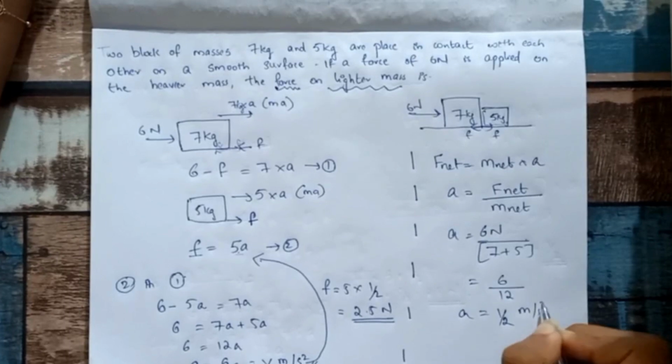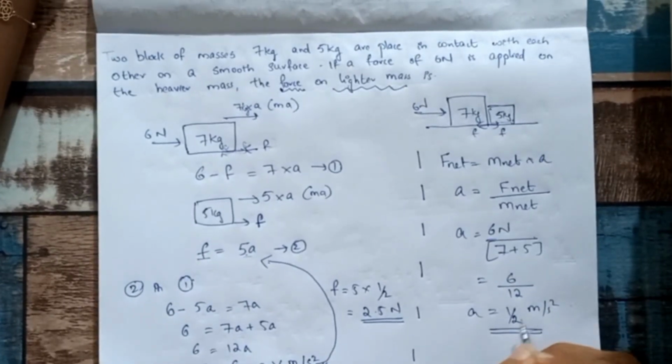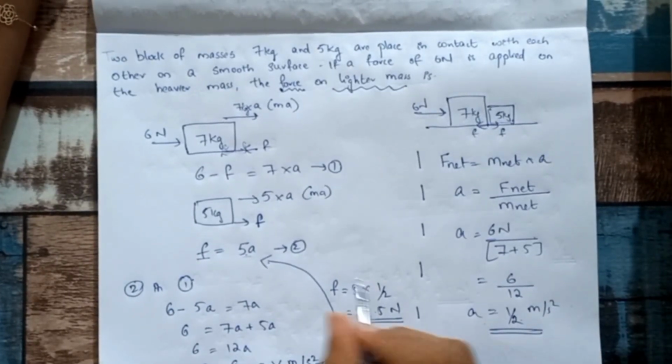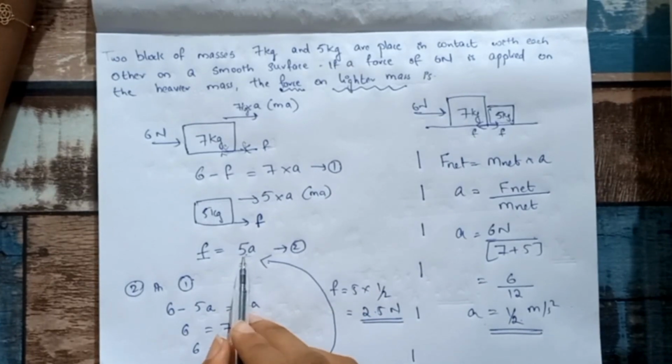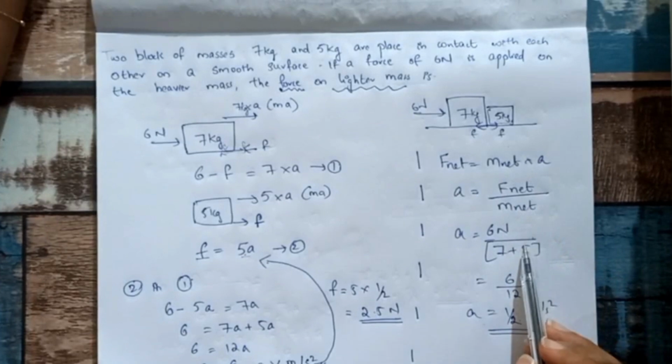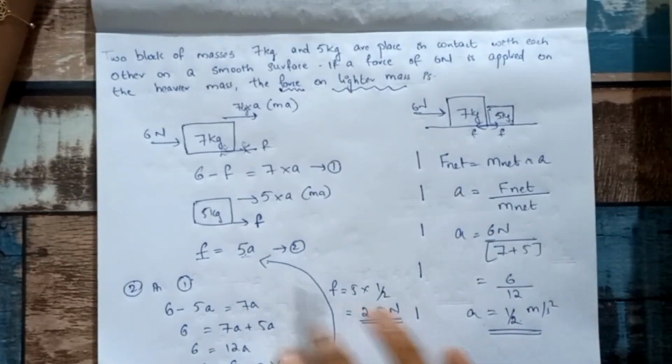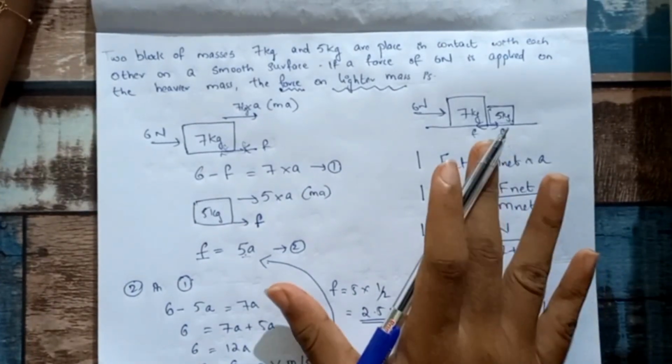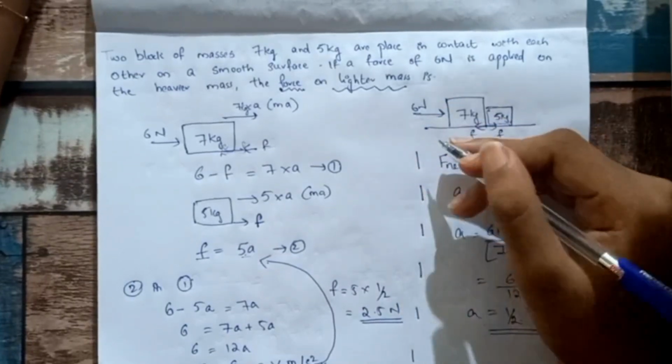We can also find acceleration by this method, and once you find the acceleration, you just substitute it into this equation. So either you use the free body method or the direct method to find the acceleration and then later substitute. So this is the concept and the problem regarding this concept.